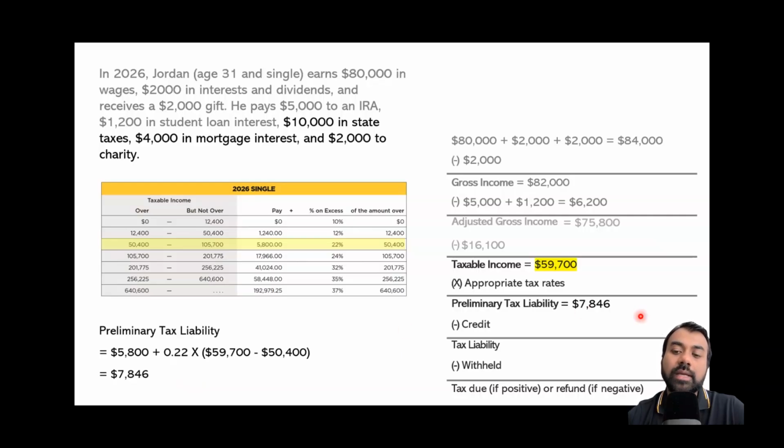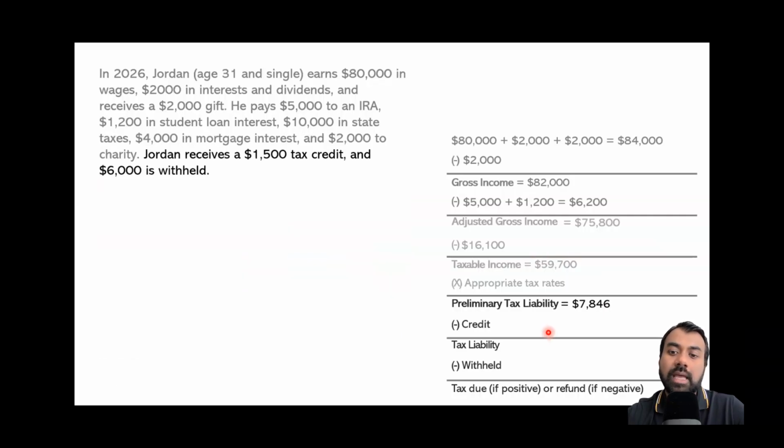The next thing we can do is from our preliminary tax liability, we can subtract any tax credits that we qualify for. So let's look at the question and if we have any tax credits. And the question does mention that Jordan receives a 1,500 tax credit. So we just subtract that number and we get our tax liability of 6,346.